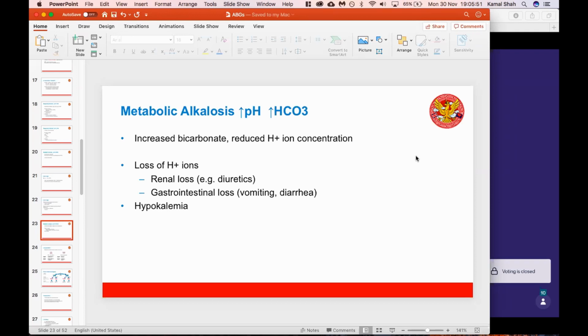And if we think about GI loss as well, such as vomiting, the acid in your stomach is lost, and we're going to have alkalosis too. There's also a correlation between your potassium levels and the concentration of H plus. Hypokalemia is a cause of alkalosis.